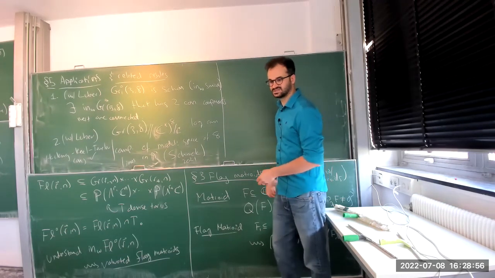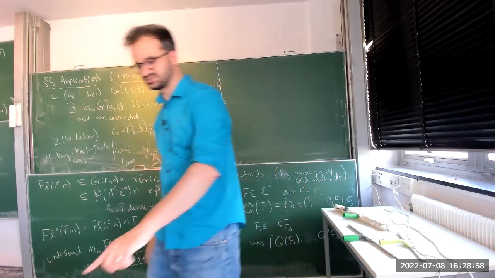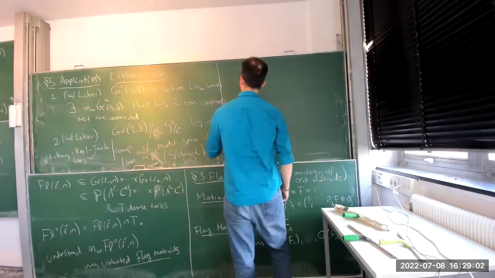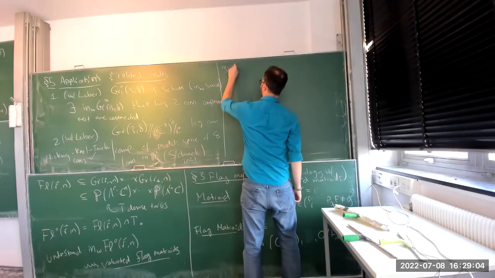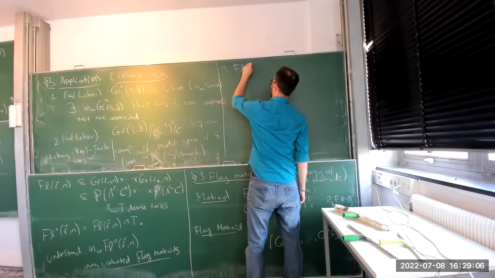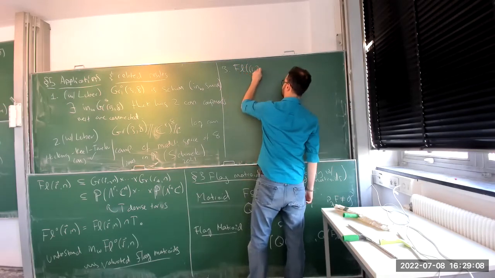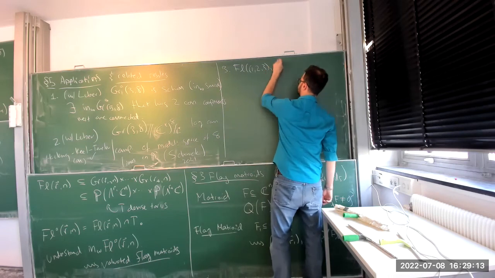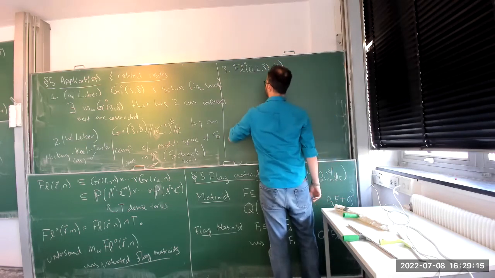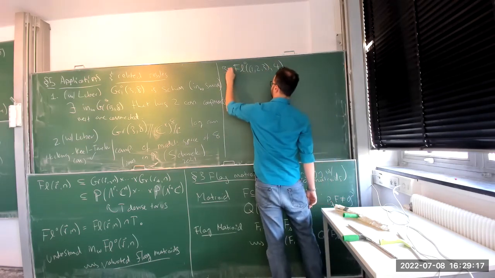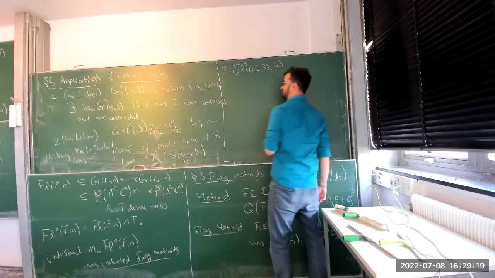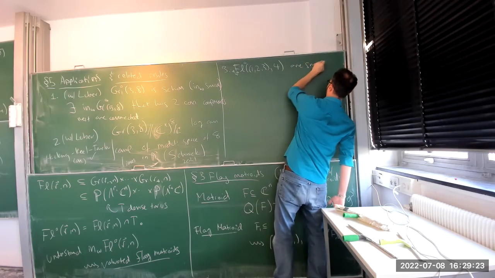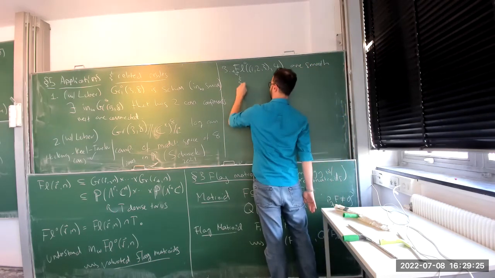Let me state, since this was initially about flag varieties, an application for a flag variety. We study concretely flags 1, 2, 3 inside of C4. Its initial degenerations are smooth and irreducible.